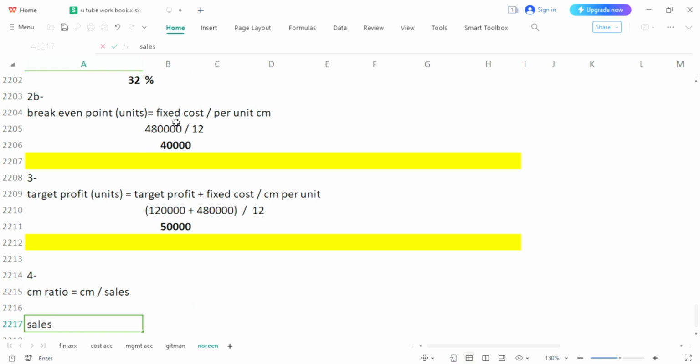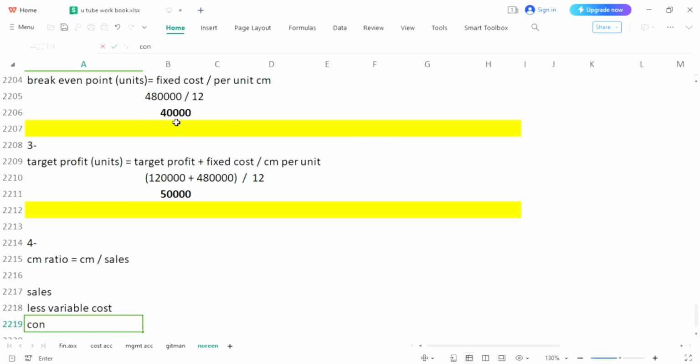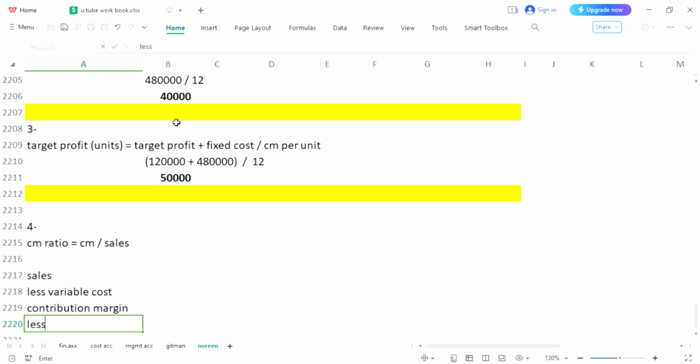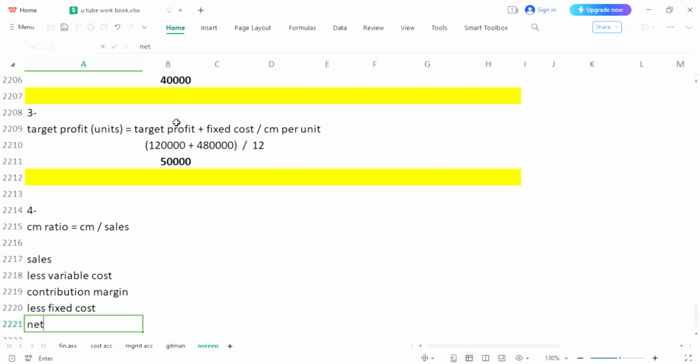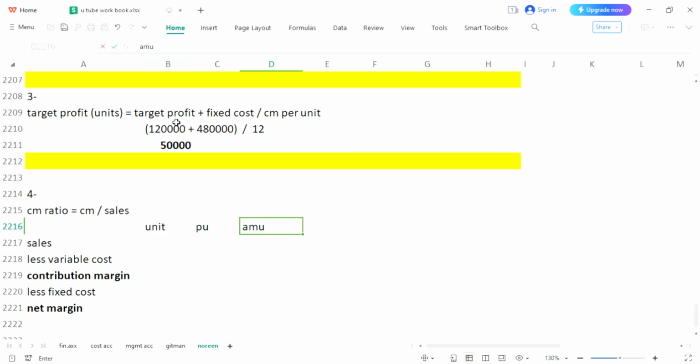Sales less variable cost, you get contribution margin, then less fixed cost, you get your net margin. Now here we write units, per unit and then amount.